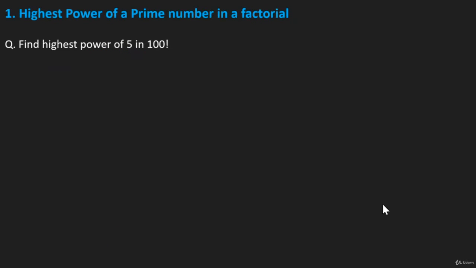Hi students, let's discuss how to find the highest power of a prime number in a factorial. Alright, we have a demo question over here. Find the highest power of 5 in 100 factorial. Now we know 100 factorial is the same as 1 into 2 into 3 etc. into 100.